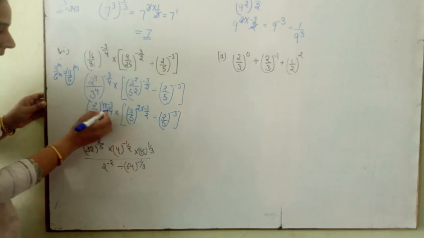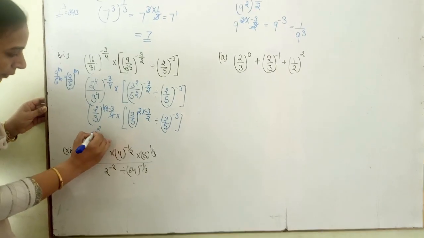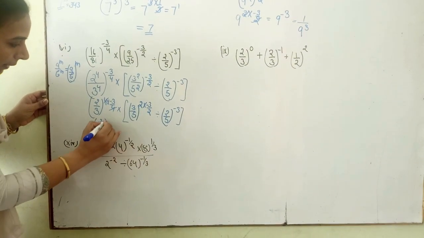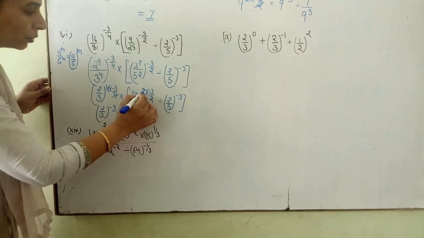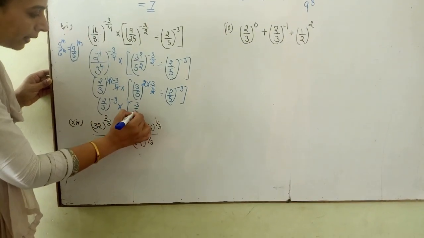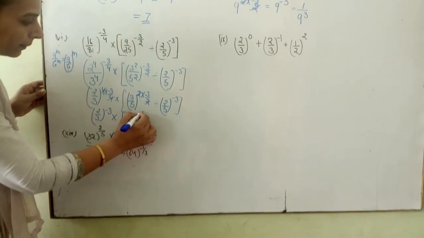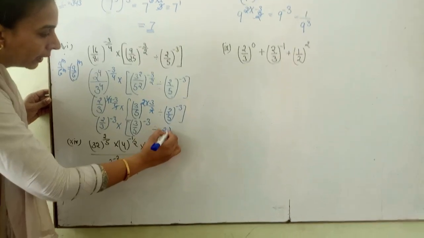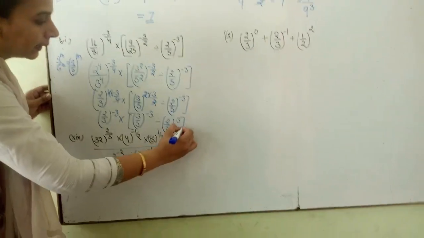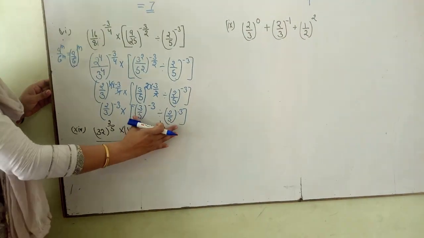Clear? Then cancel: 2 by 3 raised to the power minus 3, multiply, 2 cancels, 3 by 5 raised to the power minus 3, divided by 2 by 5 raised to the power minus 3. Students, first we solve brackets.